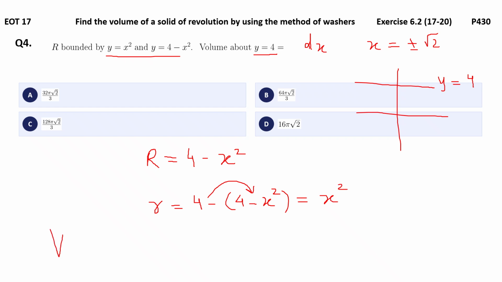Now your new volume will be pi times integral negative root 2 to 2, your outer radius square, which is 4 minus x square the whole square, minus x square the whole square.